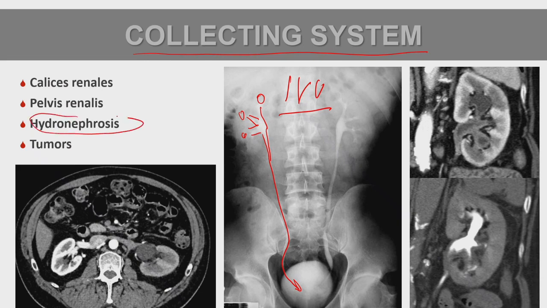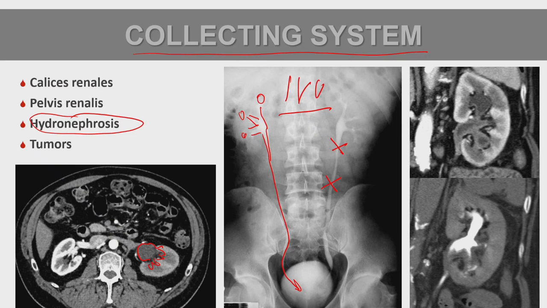What is hydronephrosis? If there is some blockage of outflow from the kidney, the collecting system is then inflated, enlarged, and what could happen? We have said that we need pressure in the blood to be filtrated, but we don't need only pressure, we need overpressure.